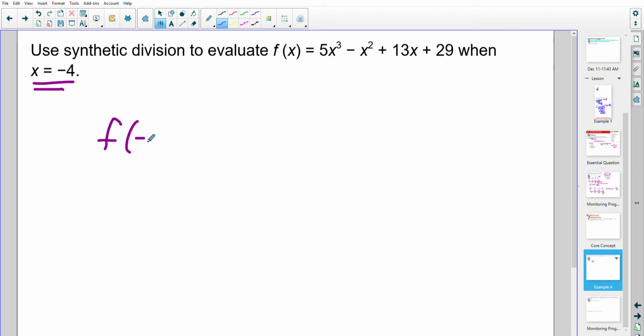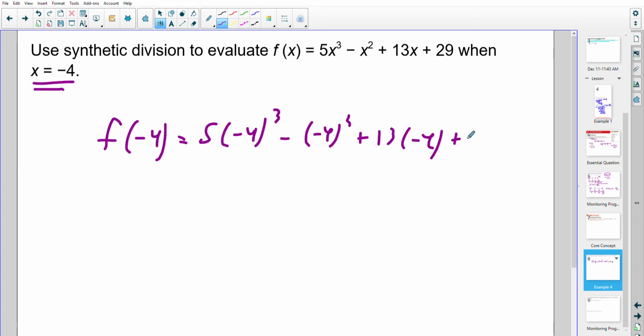So if I put -4 here and evaluated it, this would be equal to the remainder. You could do it this way, or you could also do it by synthetic division, setting it up and finding the remainder at the end.